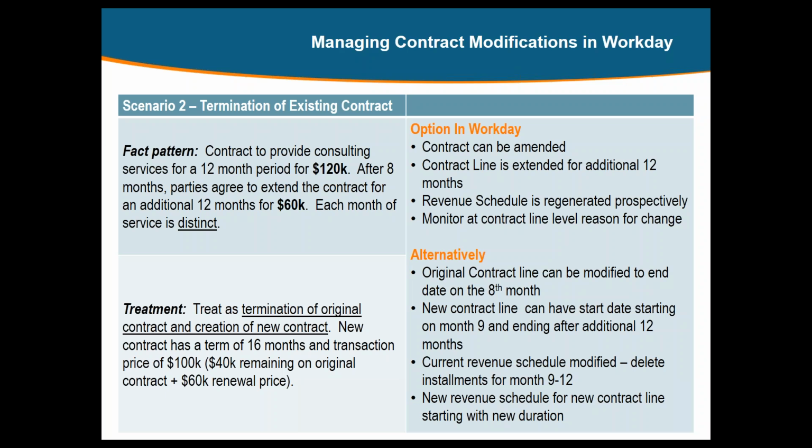So you delete the remaining installments, and then the new revenue schedule for the 16 months with the new contract line can be established. So then again, based on your business process and reporting needs, you can choose either of the options and pretty much achieve the same RevRec result. All right, so scenario 3, next slide.